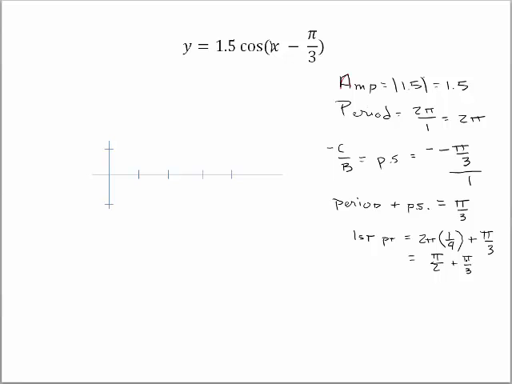So in this case, the least common denominator would be 6. We have to multiply this by 3 pi plus 2 pi over 6. We're going to run out of room here. Equals 5 pi over 6.